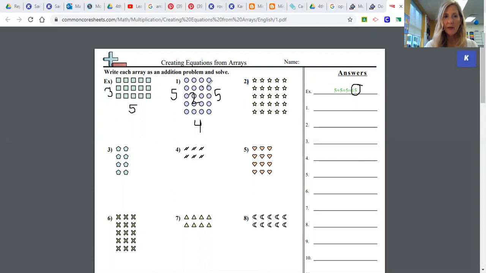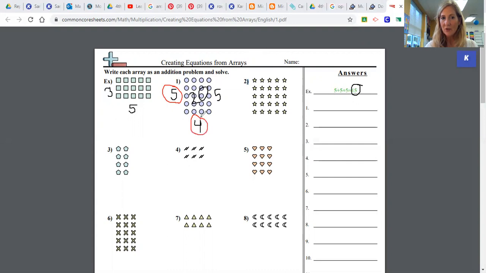So I know. Now, in this example, can you identify the factors and the product? Let's think about what factors mean. Quick review, factors, telling you how many groups you have. Guess which number told you how many groups you had? You have 5 groups. How many are in each group? 4.